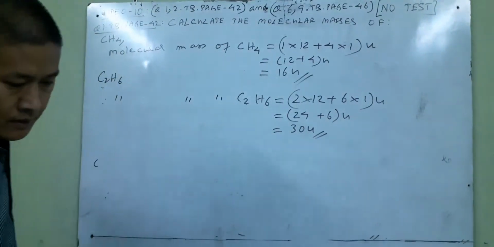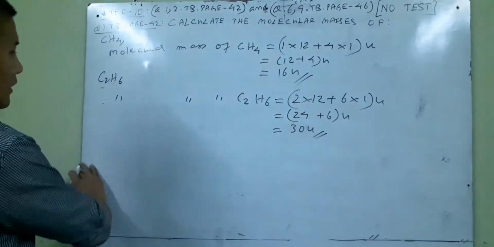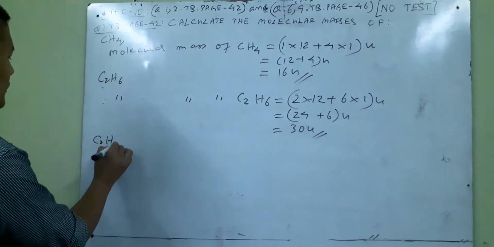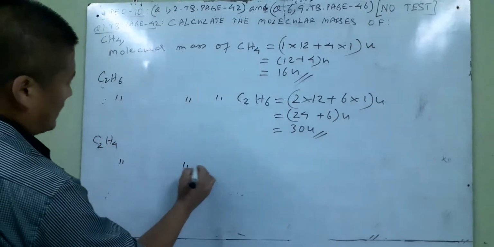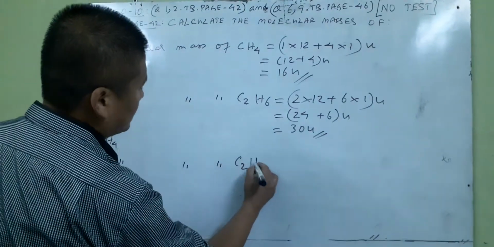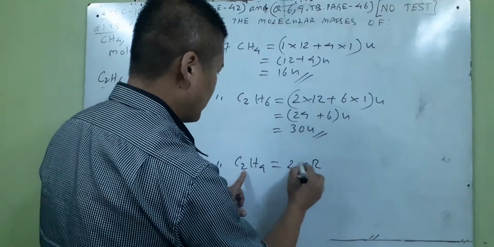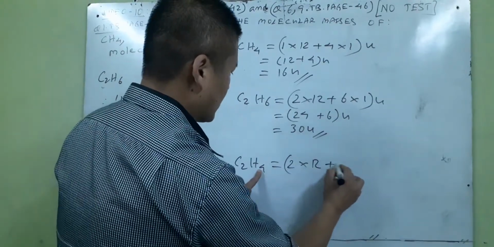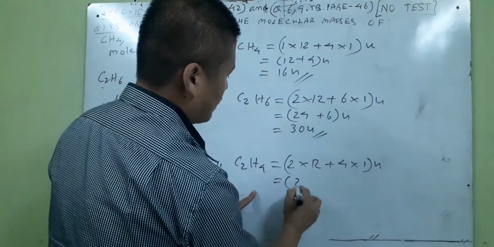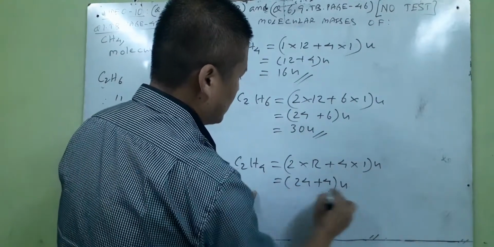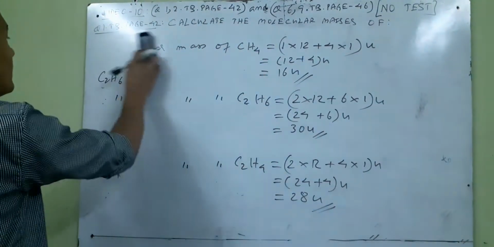Just go and check once. Yes, C2H4. So we write here C2H4. So the molecular mass of C2H4 will be equal to, follow the same, 2 into 12 for carbon, and 4 hydrogen, so into 1U. 24 plus 4, which is 28U. Go to the next one.